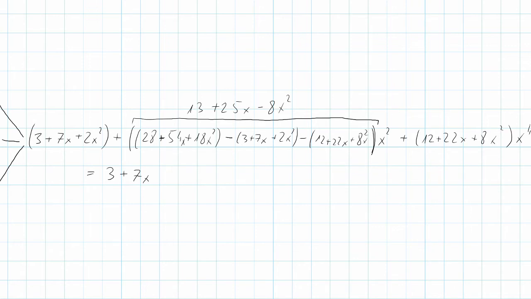So now we have 2x squared plus 13x squared, so it's 15x squared plus 25x cubed, and now we have it should be plus 8, 8 plus 12 is 20. 20x to the fourth power plus 22x to the fifth power plus 8 times x to the sixth power.